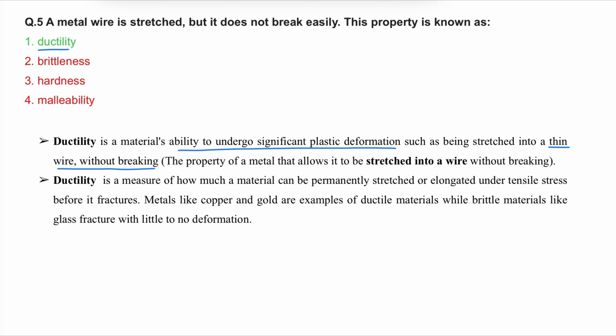Ductility is a measure of how much a material can be permanently elongated under tensile stress before it fractures. Metals like copper and gold are good examples of ductile materials, while glass is a brittle material.